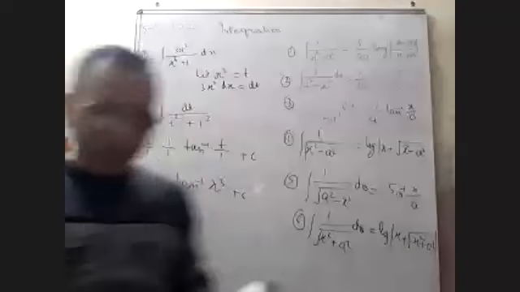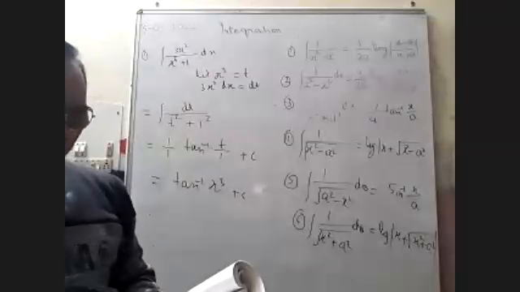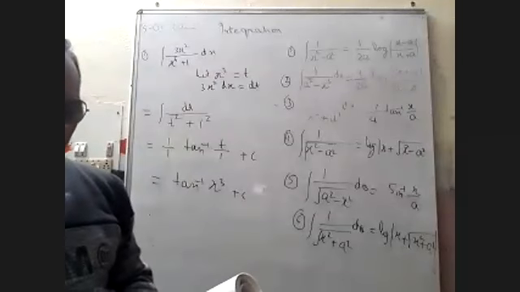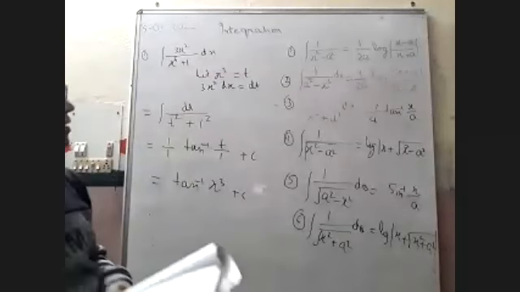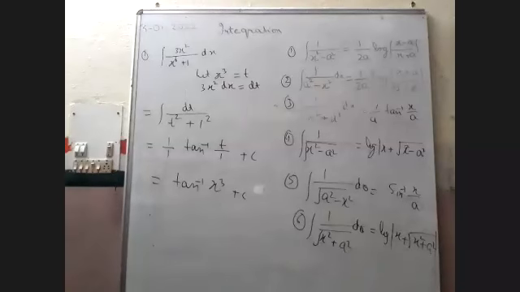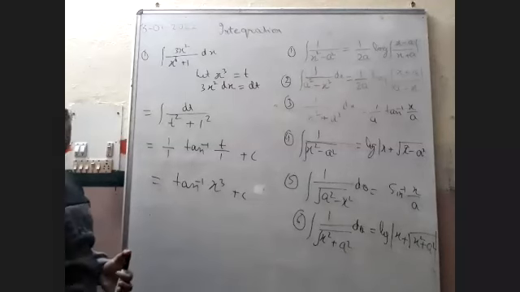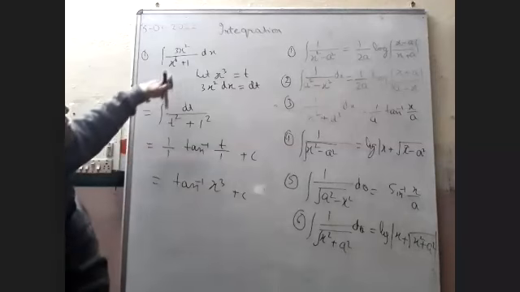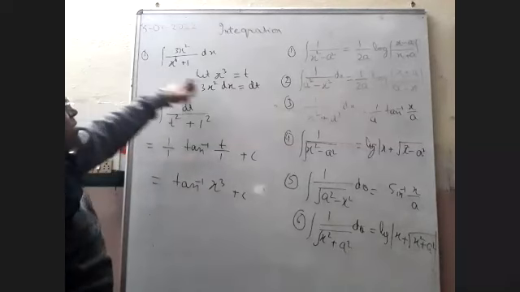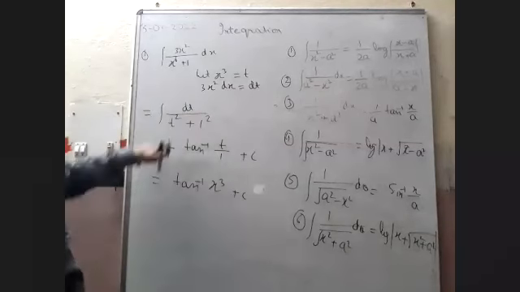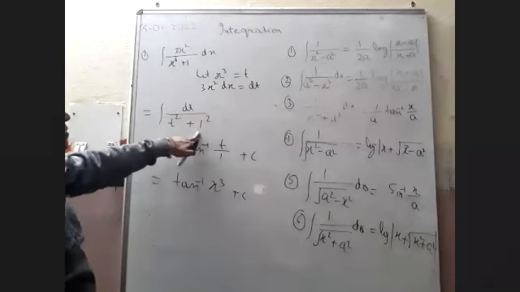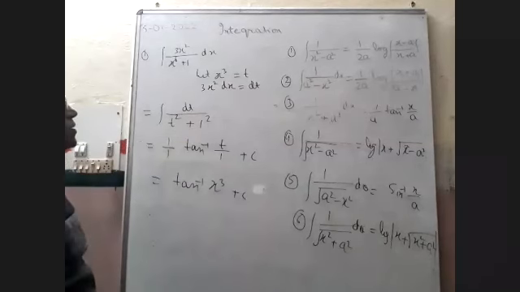Okay. The second question is 1 upon 1 plus 4x square. Let me do it and show you. First you note down this one. If you have any doubt, you can ask me. First of all, we assumed that x cube is equal to t. After that we get the standard form. Then we integrated it.